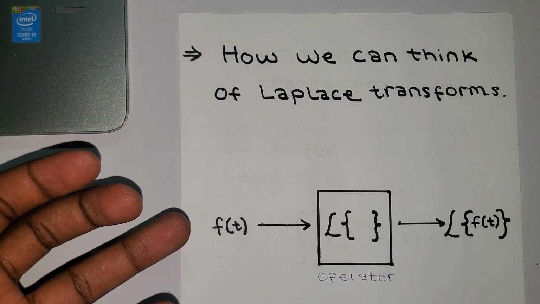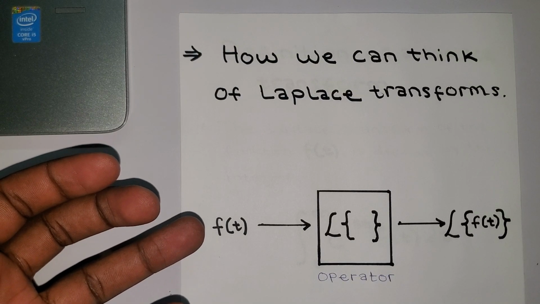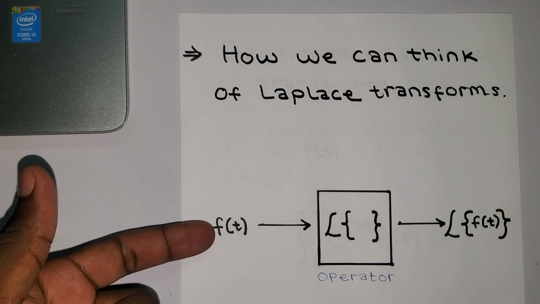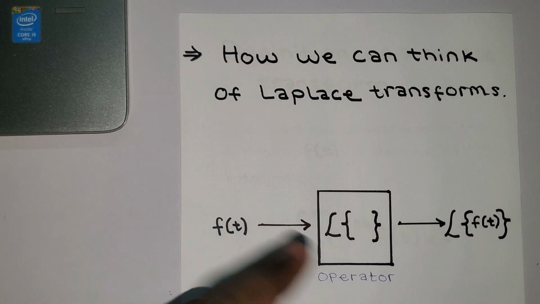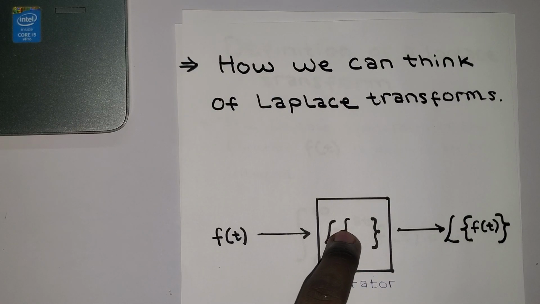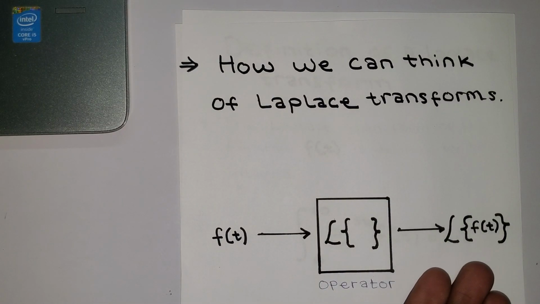A Laplace transform, as the name suggests, transforms a function, for example f of t, by doing something into another function which we can work with in the things that we are trying to do. For example, we said that we can use Laplace transforms in solving differential equations.